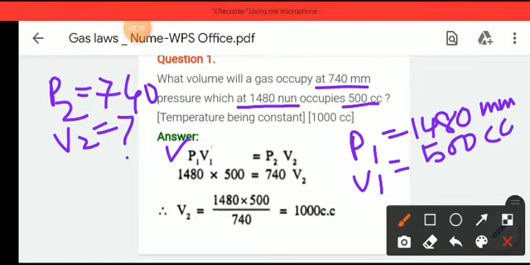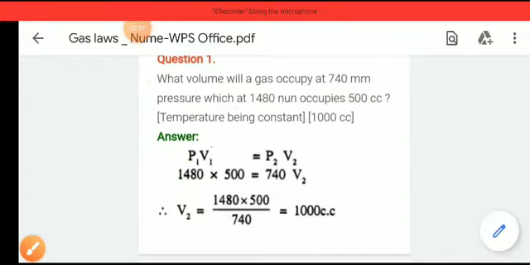Then according to that we can use the equation. There are mainly three equations, for Boyle's law, Charles' law and combined gas law, but the Boyle's law and combined gas law equations are more important. Here in the question and answer itself, they have put the values on the second line, but I recommend you not to do that.